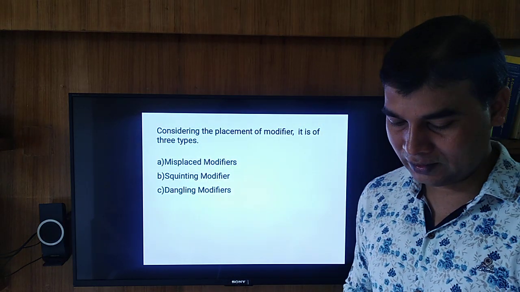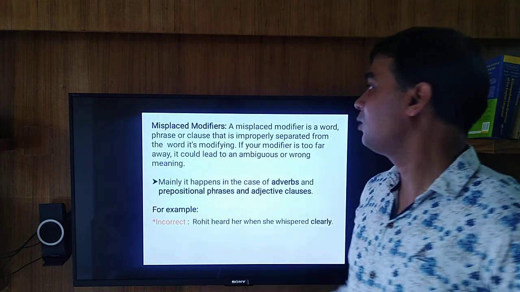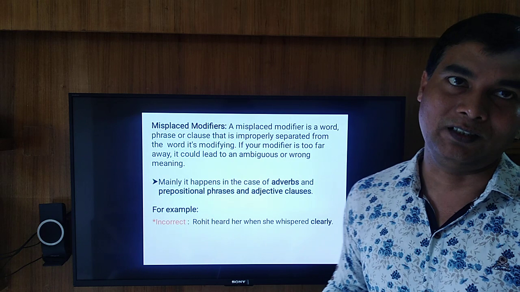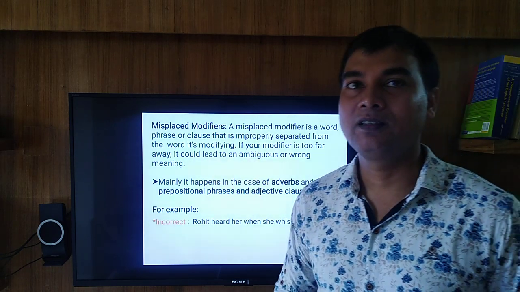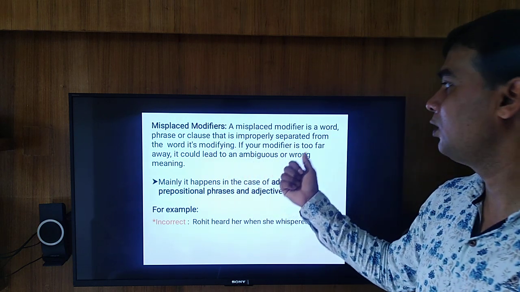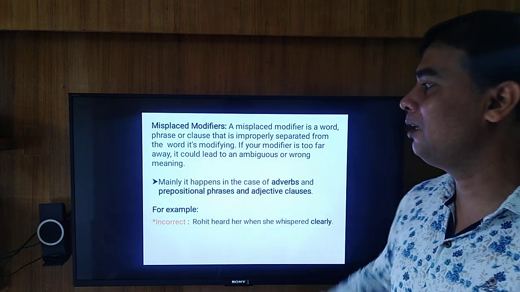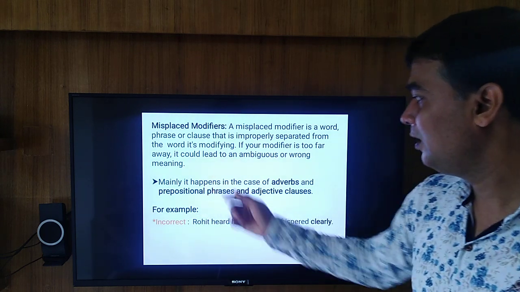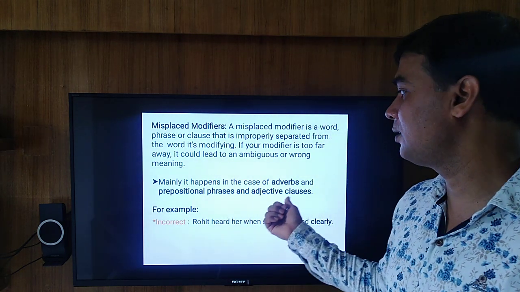Now, the question arises, what is a misplaced modifier? A misplaced modifier is a word, phrase or clause that is improperly separated from the word it is modifying. That means if your modifier is too far away, it could lead to an ambiguous or wrong meaning. Mainly it happens in the case of adverbs, prepositional phrases and adjective clauses.